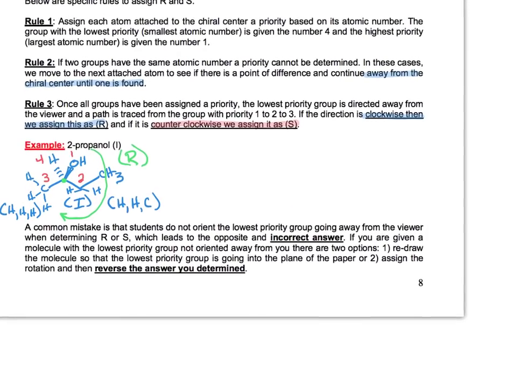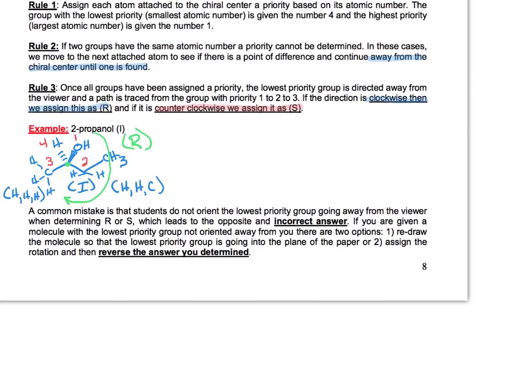Now, a common mistake that students typically make when they're new at this is that they do not orient their lowest priority group away from the viewer when determining R and S. This is very important, okay? You must have your lowest priority group going away from you, because if it's coming out at you, you are going to get the incorrect answer.